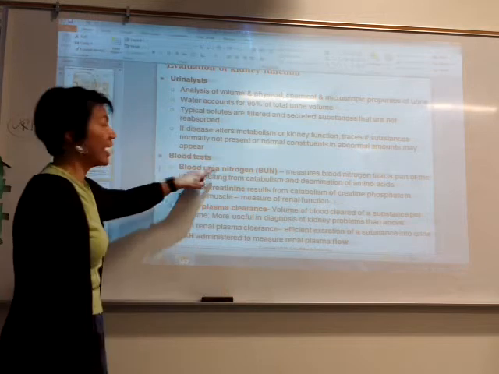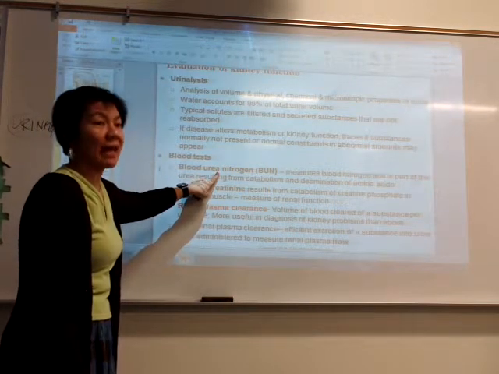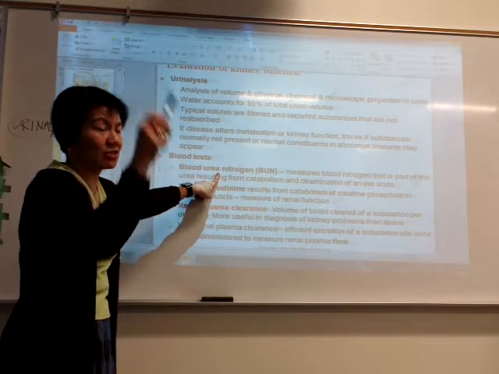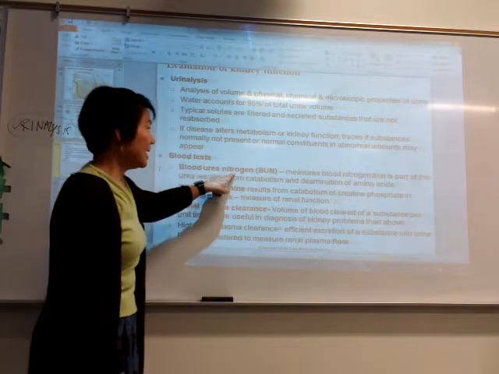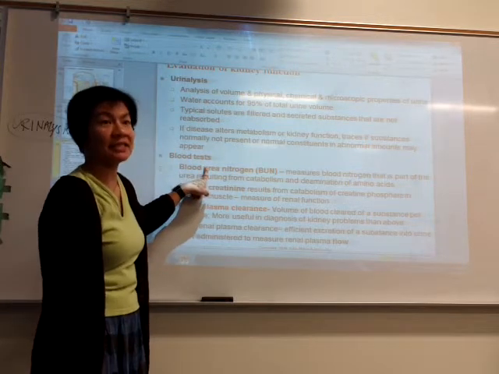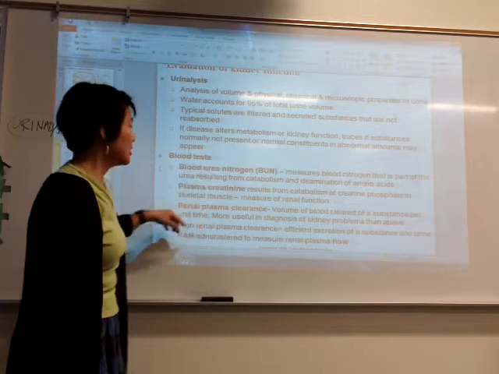Have you heard of BUN? Blood urea nitrogen. Urea is the main waste product that you want to get rid of. That's the number one toxic waste product. So if you have a high BUN test, isn't that going to tell me that the kidney is failing? Right?